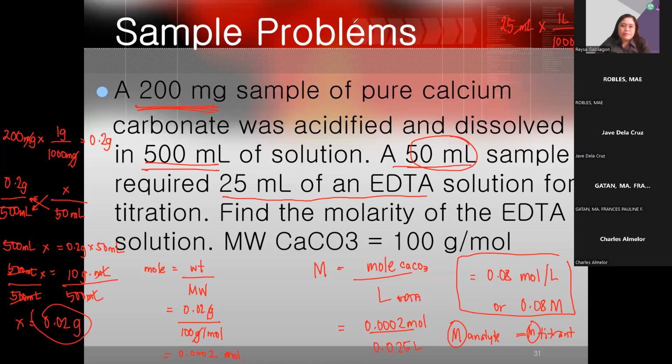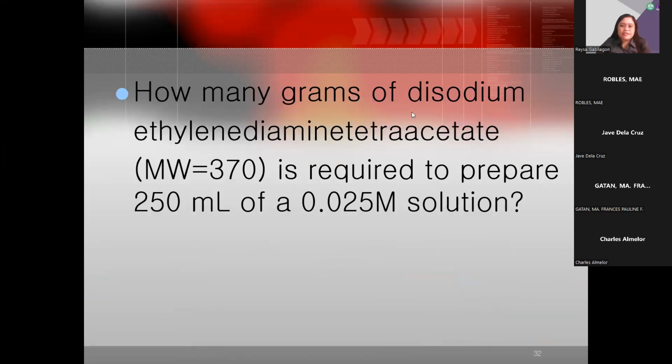Okay? Let me delete the writings on the screen and let's try to solve this. The last one for your class participation. How many grams of disodium ethylene diamine tetraacetate, the molecular weight is 370, is required to prepare 250 ml of a 0.025 molar solution? Actually, this is just a direct method of getting the concentration.